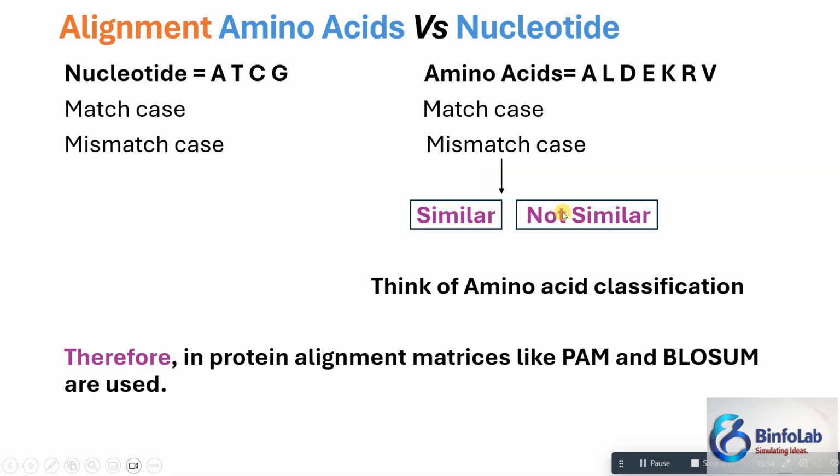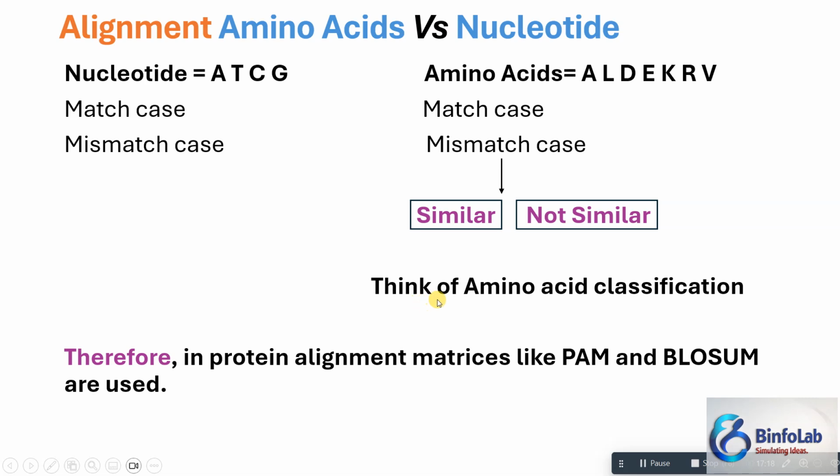How? The mismatch case in amino acids is interpreted into two other terms: mismatch but similar, and mismatch not similar. What does it mean? I'm not trying to confuse you.